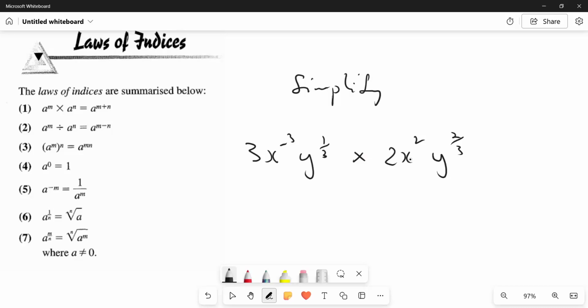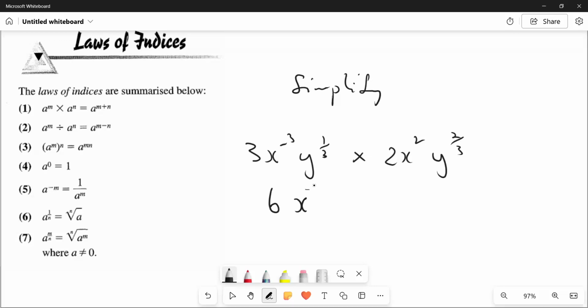So everything is multiplying here, so you just add the indices. You add the indices of the ones with a common base. You add the indices on the x's and you add the indices on the y's. And of course, this 3 by the 2 you multiply. So you get 6x to the minus 3 plus 2, y to the 1/3 plus 2/3.